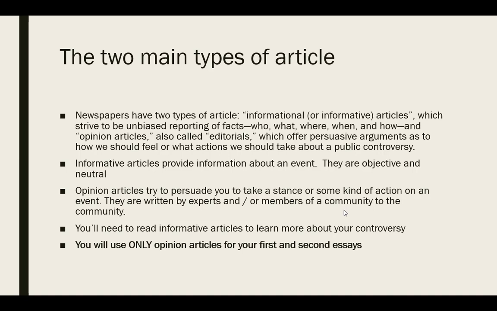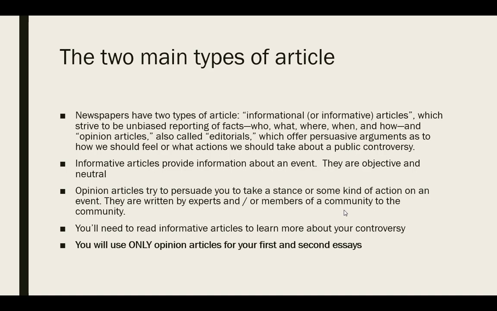So that's the two main different types of articles that exist right now, these informational or informative, or these opinion articles. As we disaggregate from traditional forms of media, and as articles start to live online, in blogs, as advertisements, the lines start to get a little blurrier.